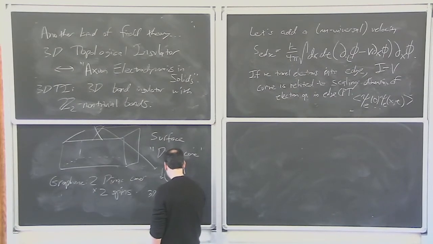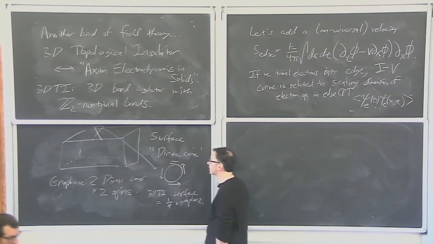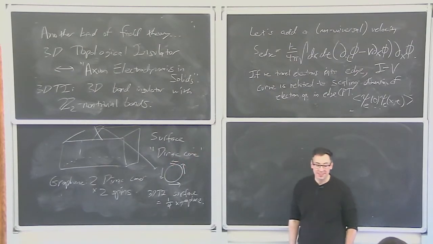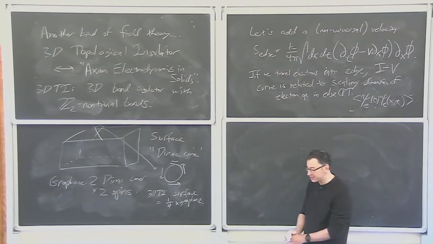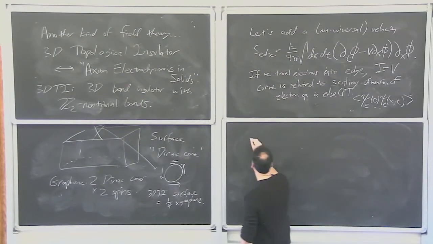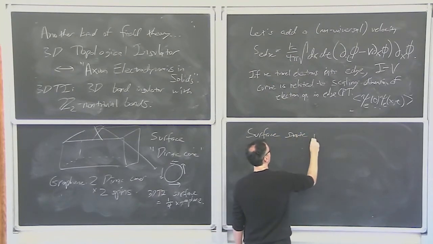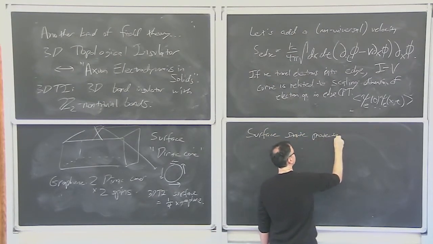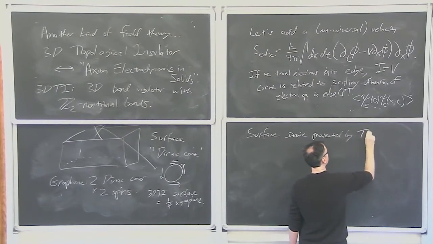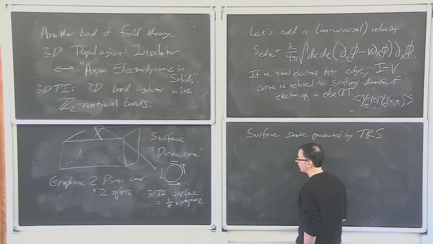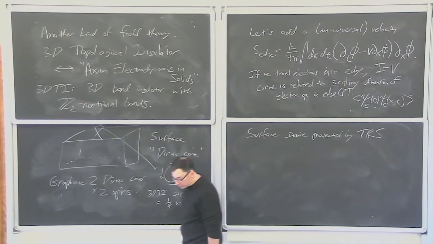And that 1/4 we'll use later on. So this is definition 1 of a 3D topological insulator. It's something with time reversal symmetry and spin-orbit coupling. TRS meaning time reversal symmetry. All right, so that was definition 1.